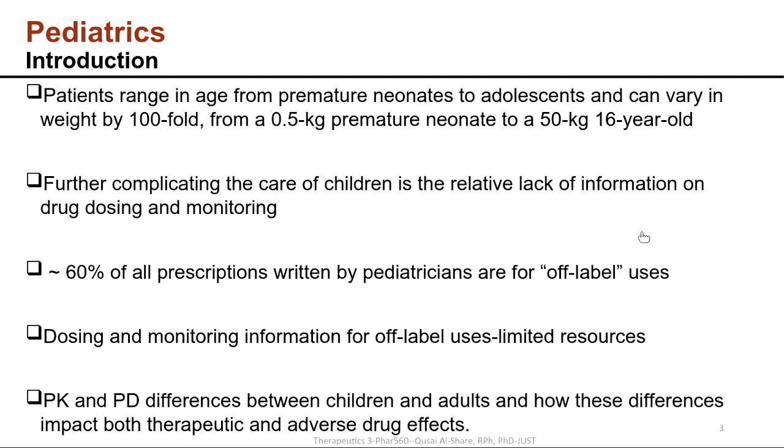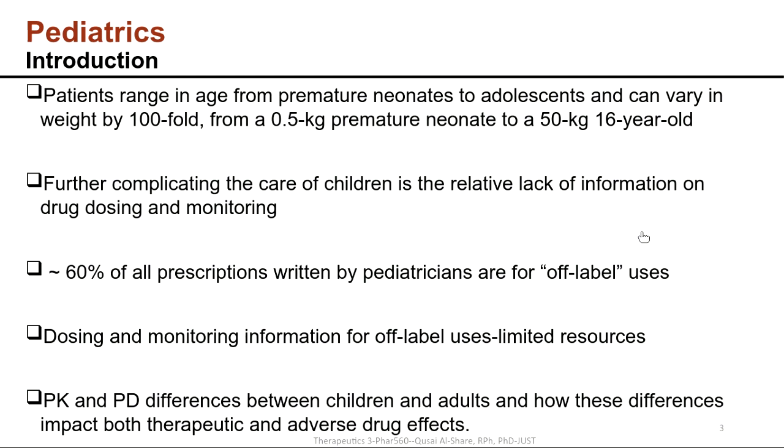We need to know the dosing, and we need to monitor. And when we say monitor, you need to monitor for two things: efficacy of the drug and the safety of the drug. Do we have side effects? And do we have a risk-benefit balance between the two?